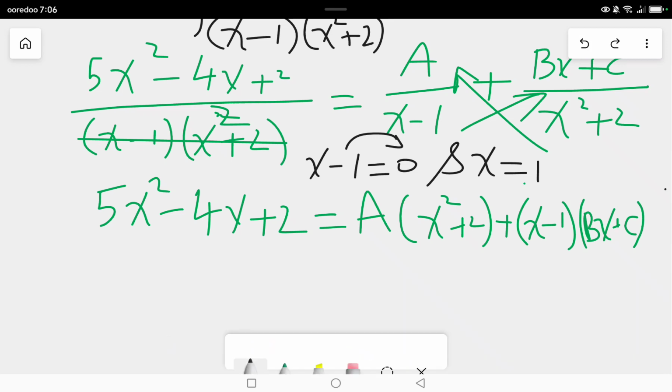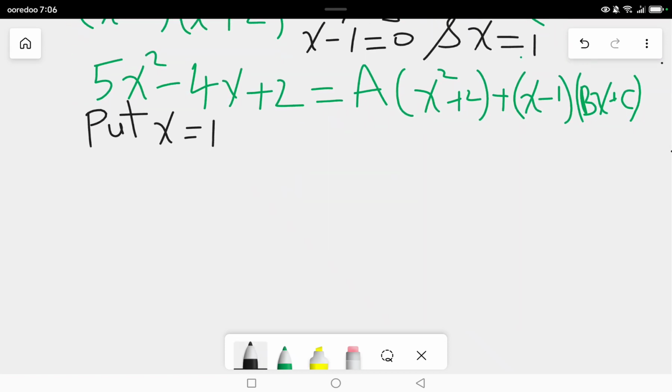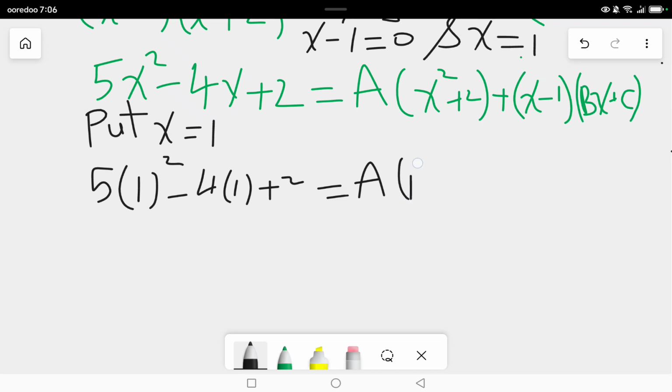You will get 5 times 1 square minus 4 times 1 plus 2 equal to a into 1 square plus 2, plus 1 minus 1 bracket b times 1 plus c. So we will simplify now.